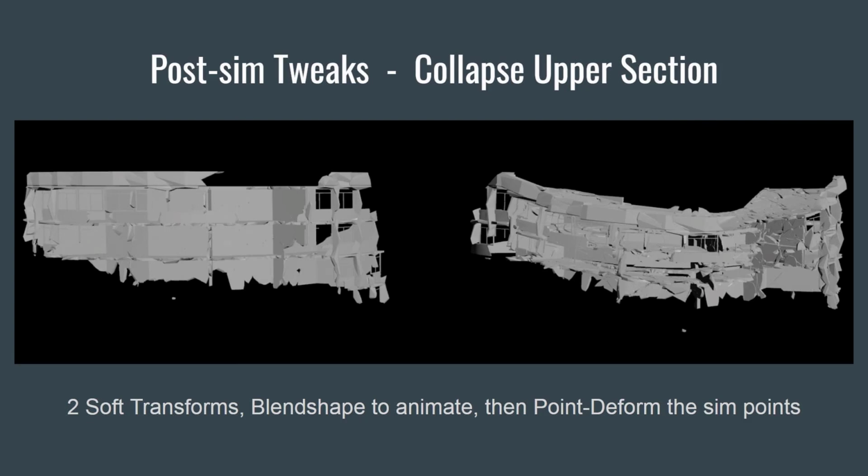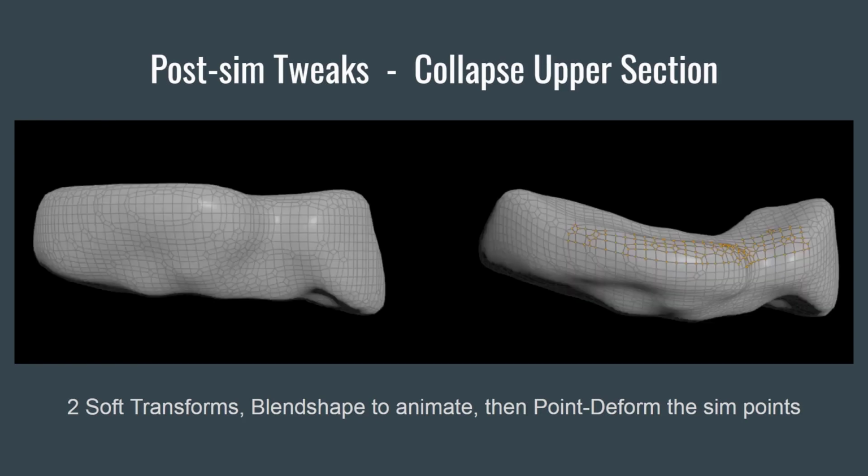It can be very difficult to tweak the soft constraint deformable simulation to behave exactly how you want it. So in this case, I just used soft transforms in a blend shape to create this shape.